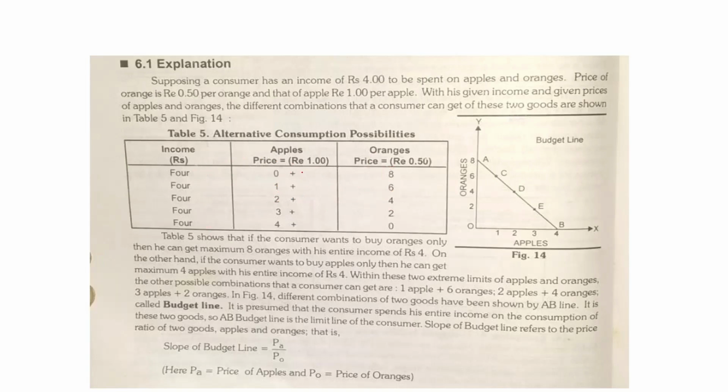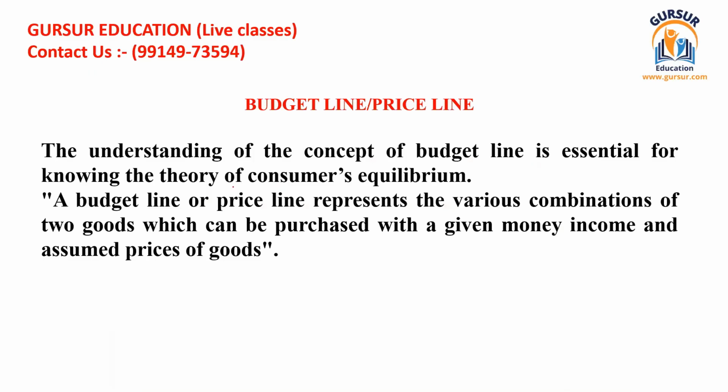So when you plot these combinations on the graph, that shall provide you the budget line. This is the budget line. It tells you the combinations of different commodities with the given level of income and given prices of the commodities. So this is combination A, combination C, combination D, combination E, and combination B. Now you would have understood completely the concept of a budget line.